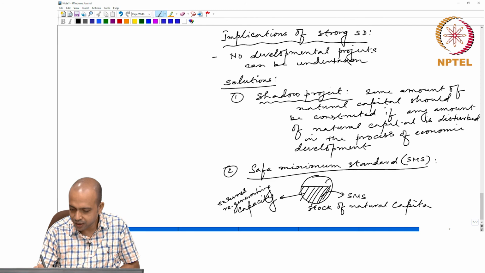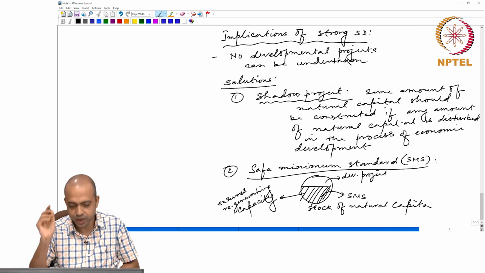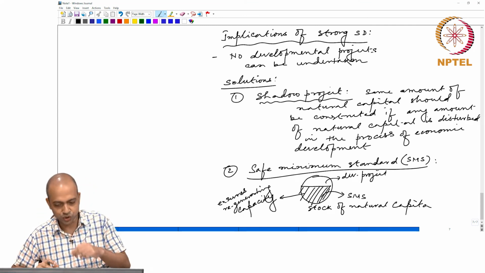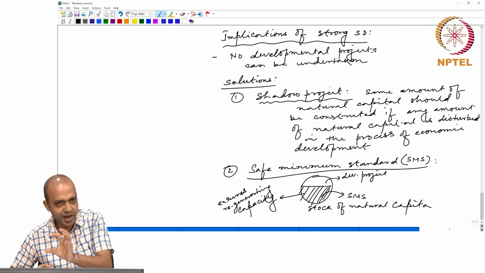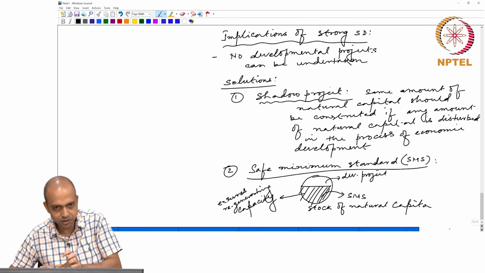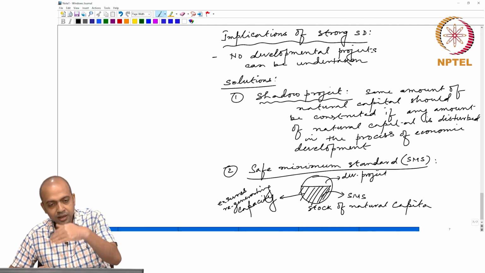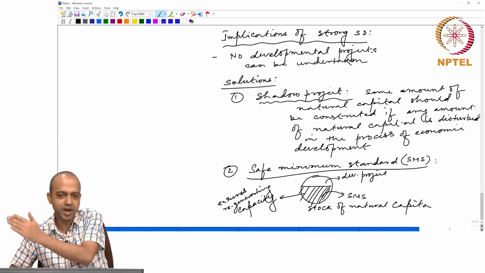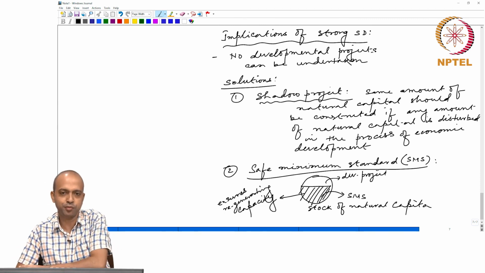And you undertake developmental project in this area. Okay. So, this idea sounds good. Instead of depleting the entire stock of natural capital, we first ensure what is the safe minimum standard for this forest, and then the rest of the area you can actually use for your developmental projects.